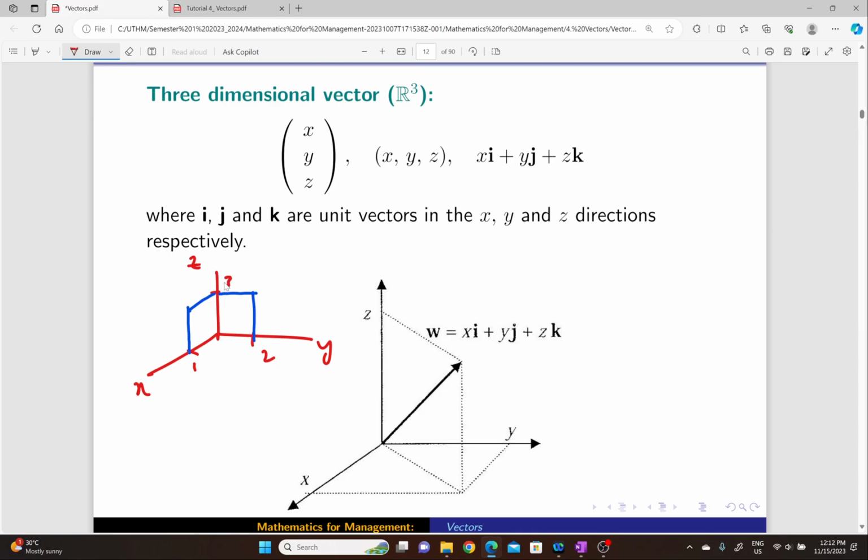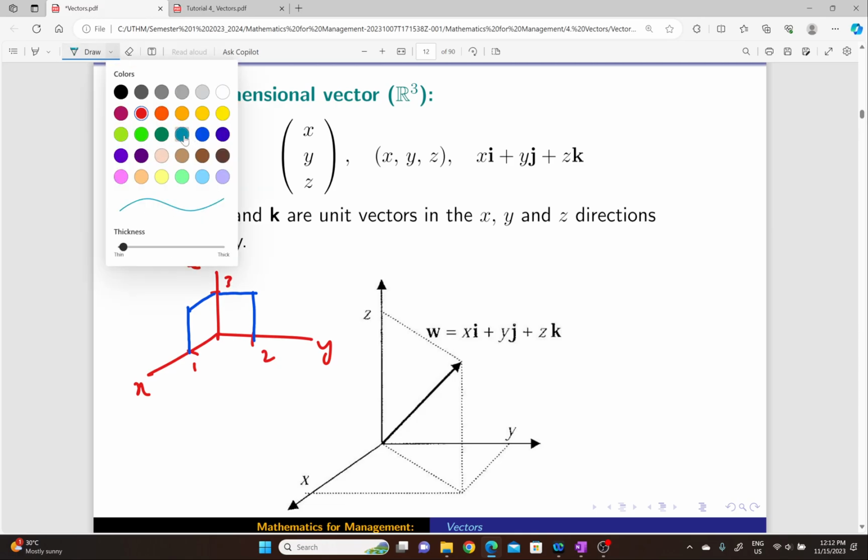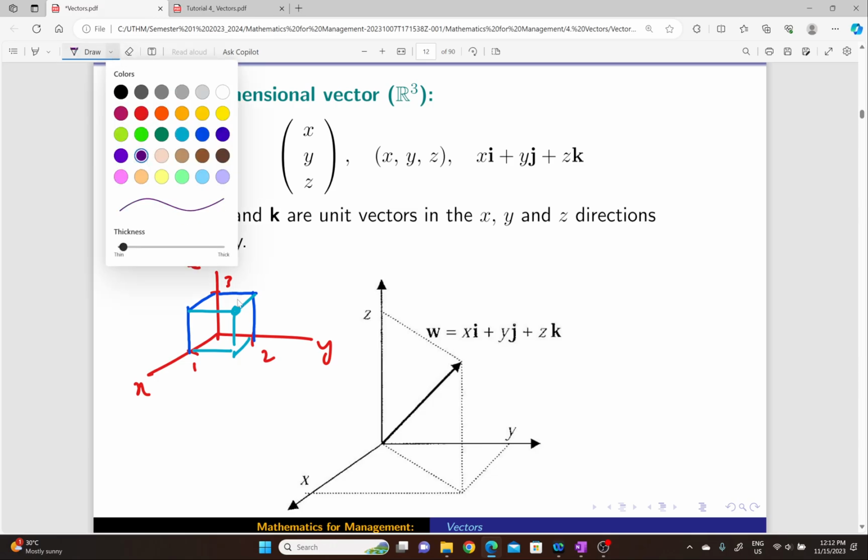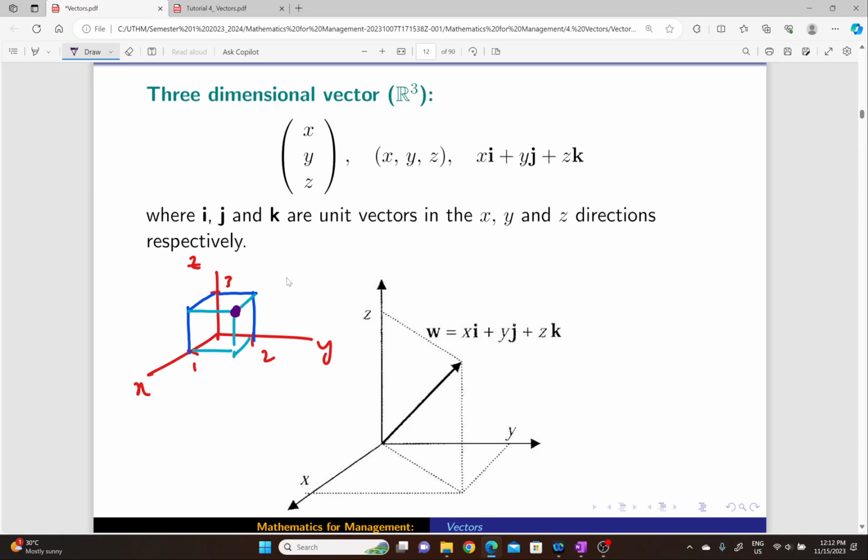I mean we are not going to ask you to draw. So the point is here. If I want to draw this vector 1, 2 and 3, this is a vector in 3D. You put a line from 0 to any point, maybe A here. So that vector OA now is equal to 1, 2, 3, something like this.